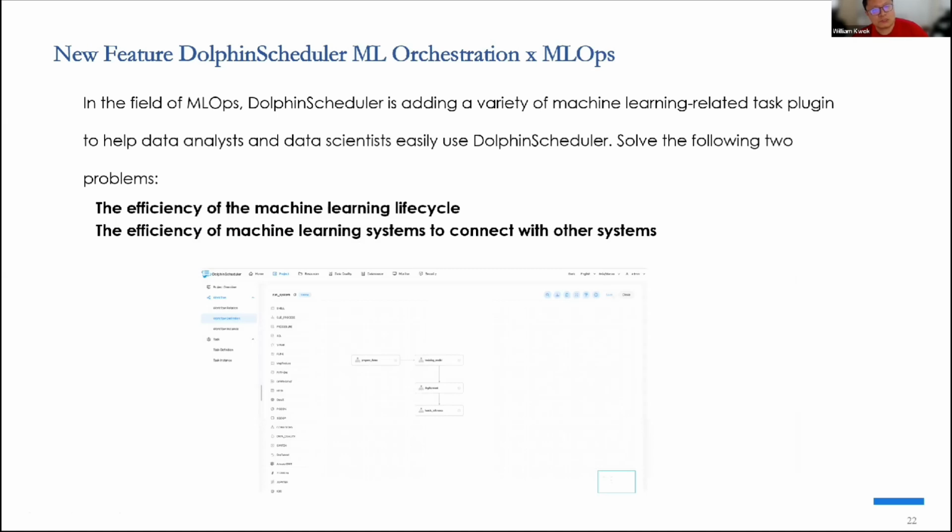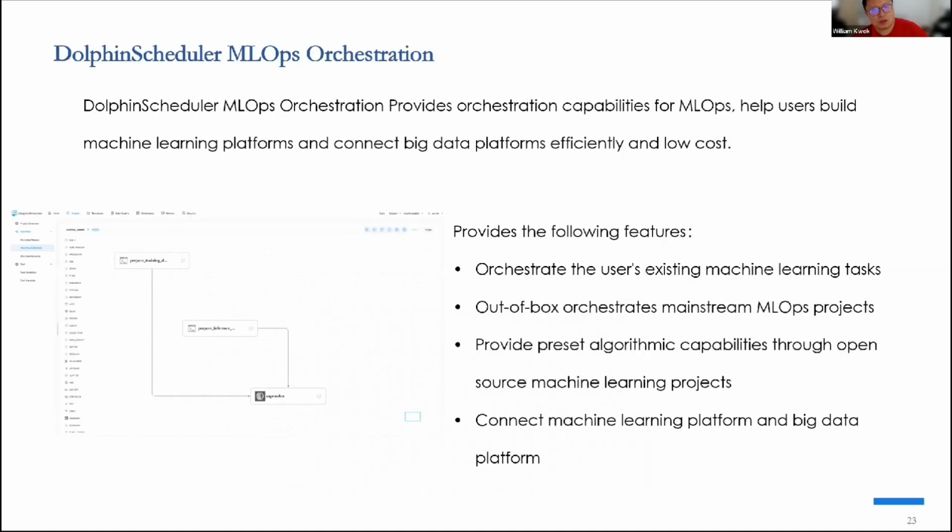And the other feature we call ML orchestration. ML orchestration is to let data scientists have more efficiency in the machine learning lifecycle, and also let the machine learning system connect with other systems like data preparation systems or data processing systems. And now we have some new features.